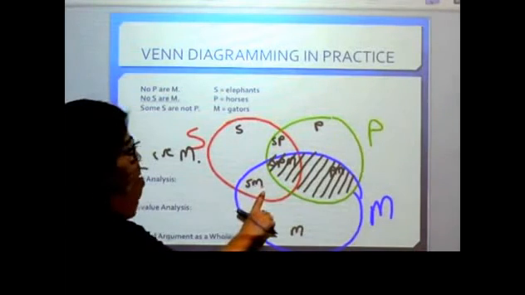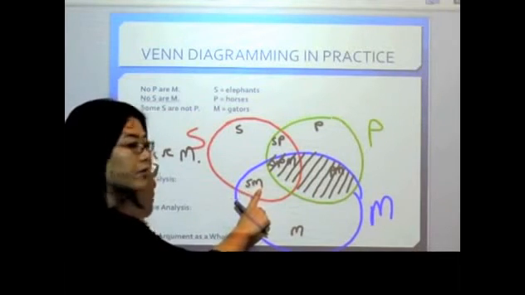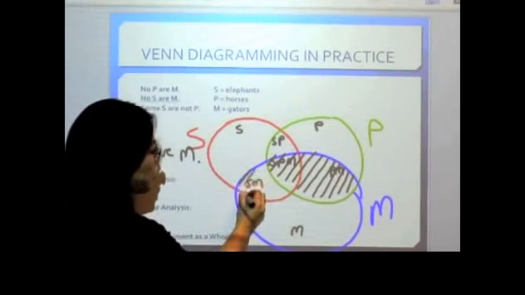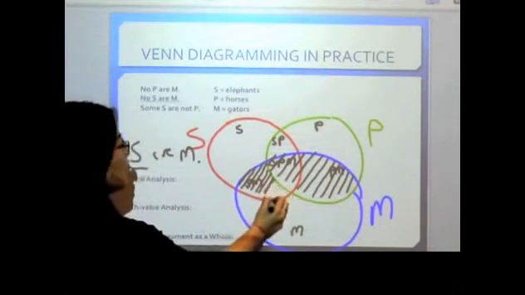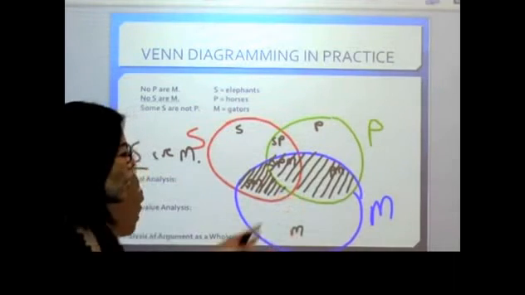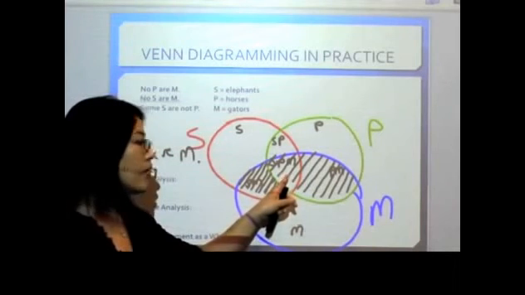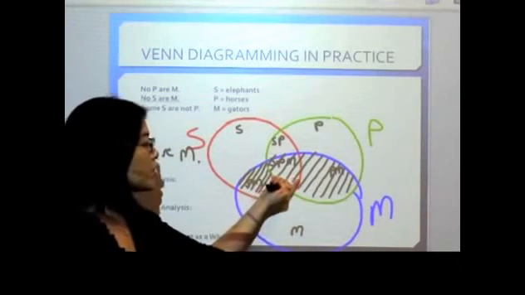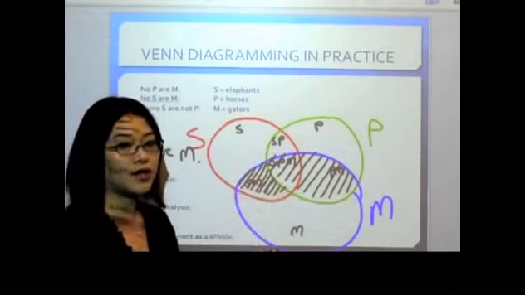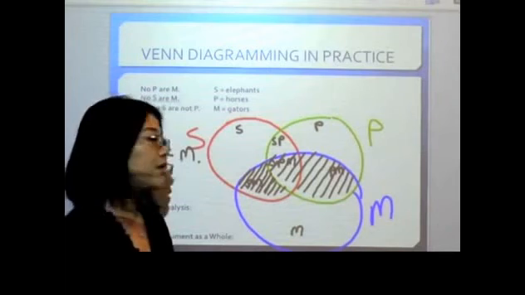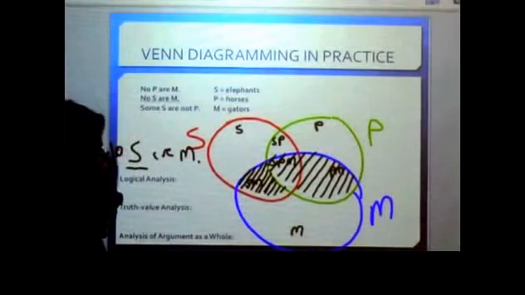So here we have an area where it's unshaded, and this is an area where it's an S and an M. And so we want to go ahead and shade that, because that does not exist according to this statement, no S's are M's. Now we also have this area here, SPM, which also is an area where you have S's and M's. But because we've already shaded it when we shaded our major premise, we don't need to shade it again. It just remains shaded. So that's what happens when we diagram these two premises.